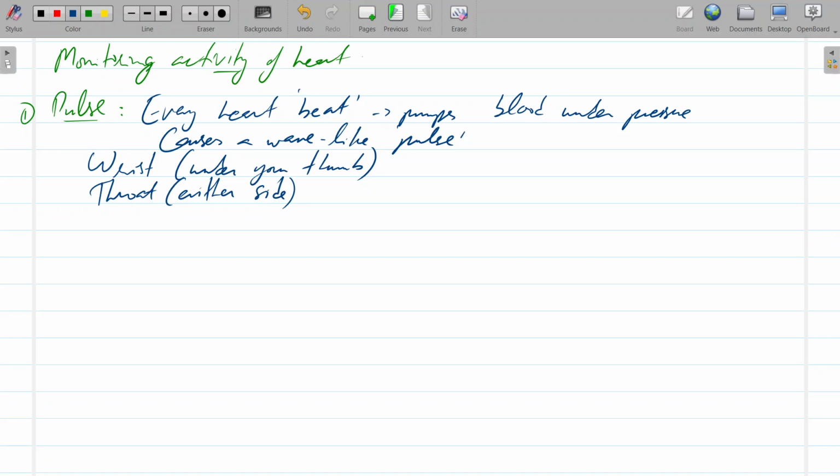It can also be detected using digital pulse rate monitors, and they can be attached to the wrist or the finger or the earlobe, because obviously there are vessels all around. Even your thumb has an artery that would generate a pulse.